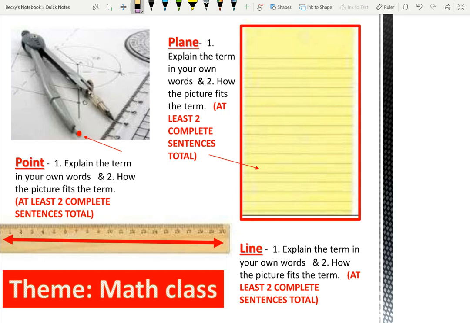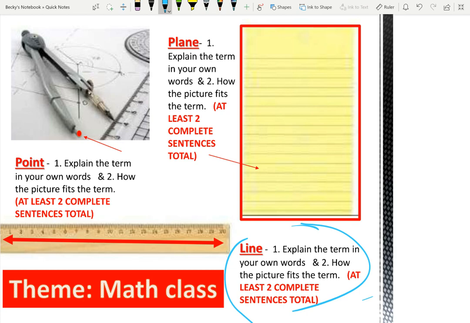So what you're going to do is get a picture, and you can copy and paste these off the internet, and you're going to explain here how the picture fits the term. Okay, so you're going to explain the term in your own words, and then how it fits.